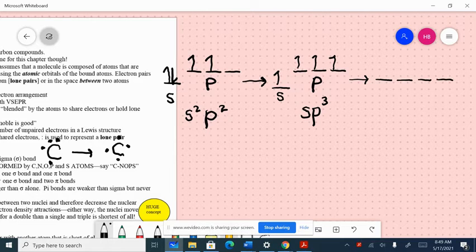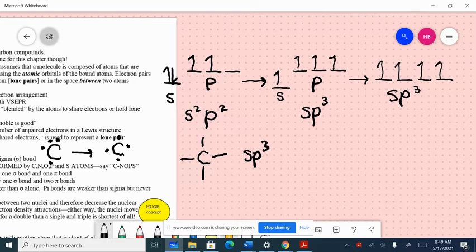They mix together and become medium energy. And this is called sp3 hybridization. So I want you to think of sp3 hybridization as carbon single bonds. Each carbon forms 4 bonds. If they are all single bonds, we're going to call this sp3 hybridized.